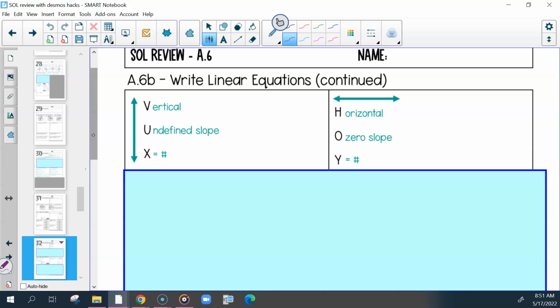So on this page, vertical lines have undefined slope and our x equals. Horizontal lines have 0 slope and our y equals. So that is something you would need to know. I believe you can graph either in Desmos.